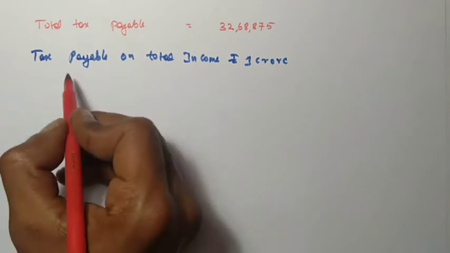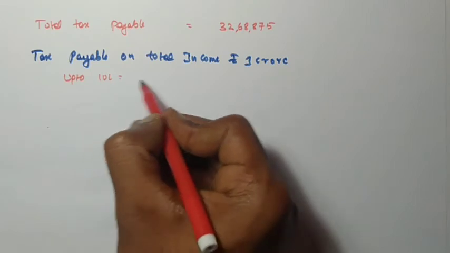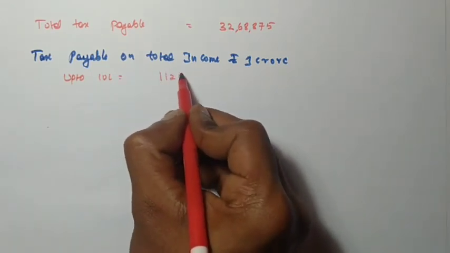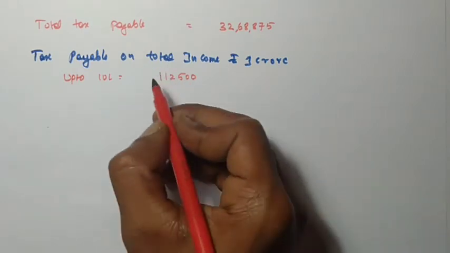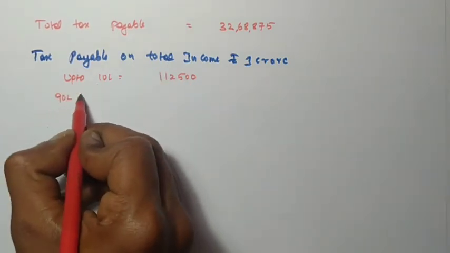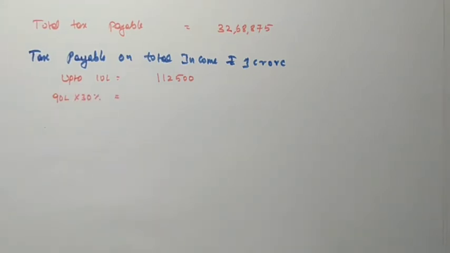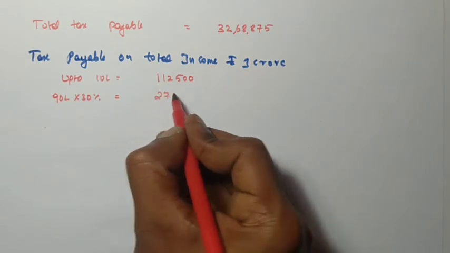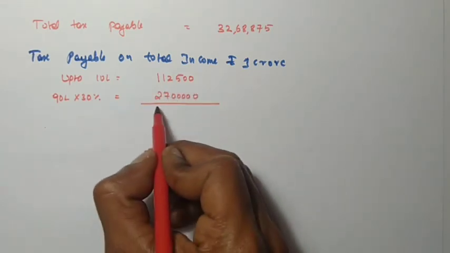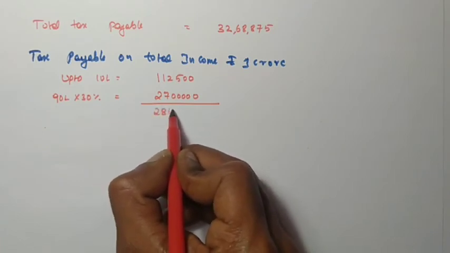So normally up to 10 lakh we will pay a tax of rupees 1,12,500. Above 10 lakh, that is on 90 lakh into 30% is equal to 27 lakh. So total is 28 lakh 12,500.